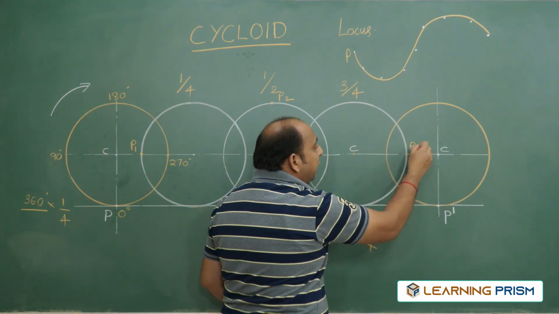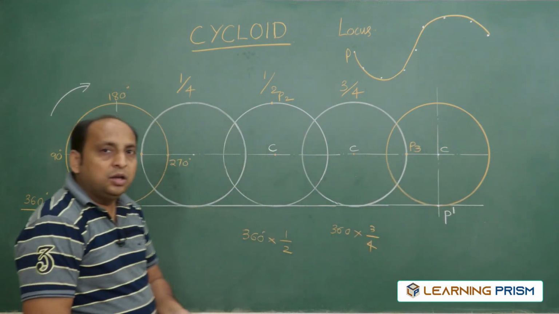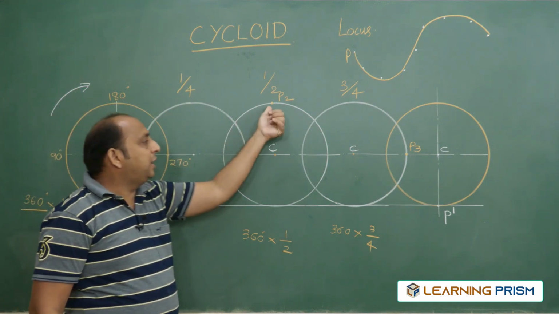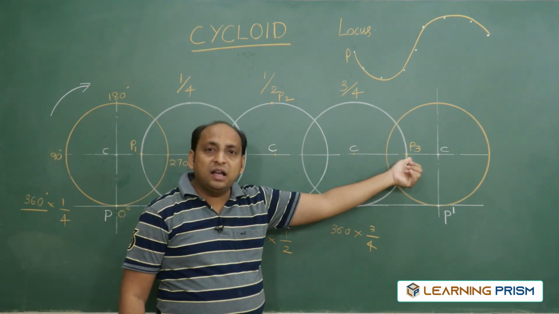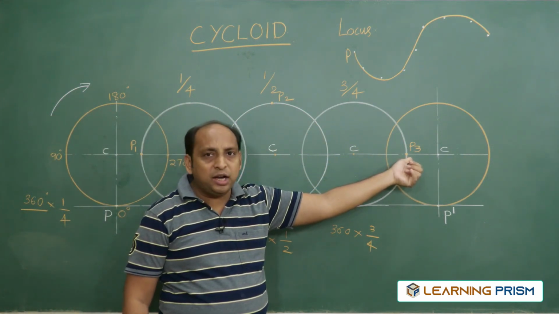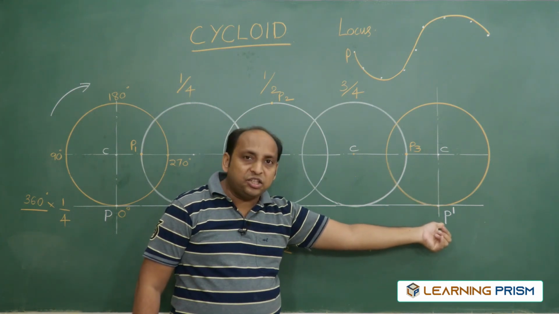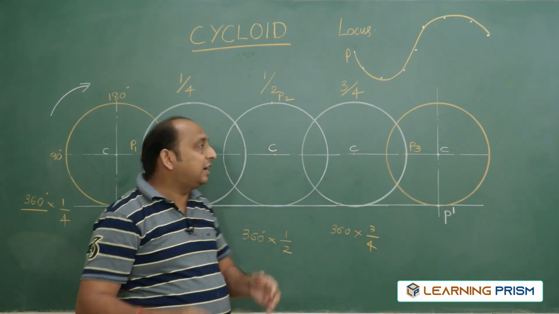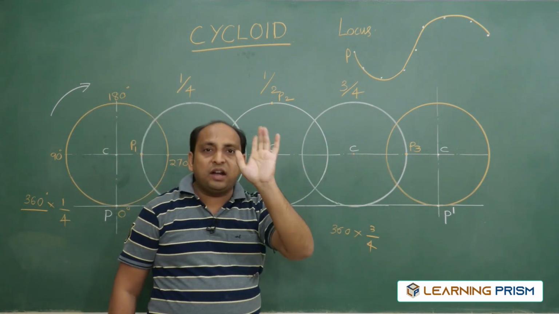This will be your point P3. So P is the initial point, P1, P2, P3 are the intermediate points, and P dash is the final point, the final position after the circle has rotated for 1 revolution.